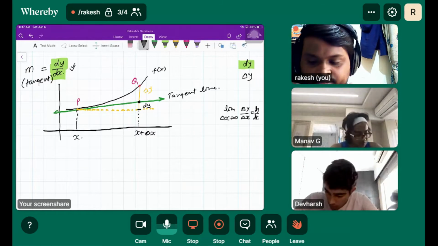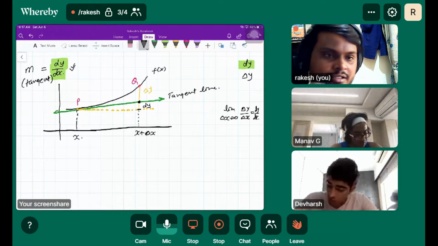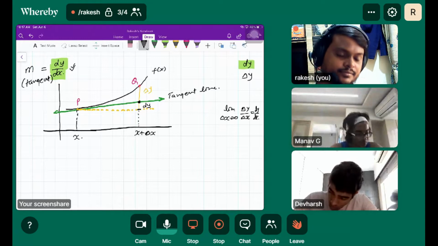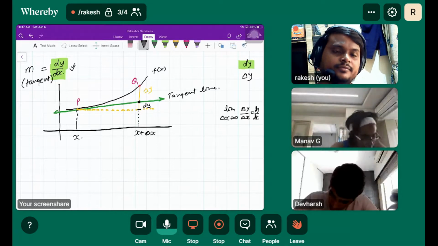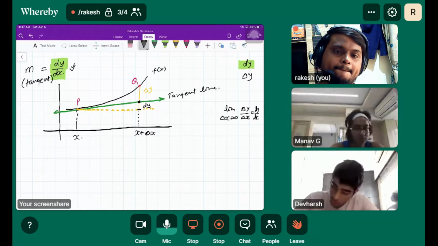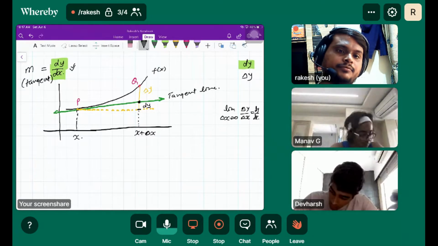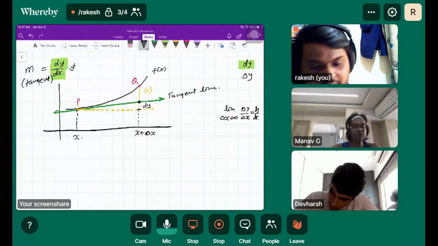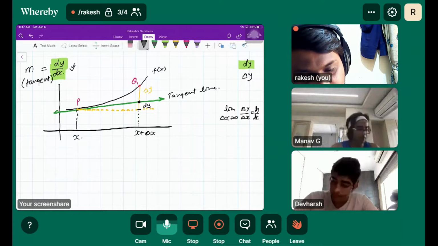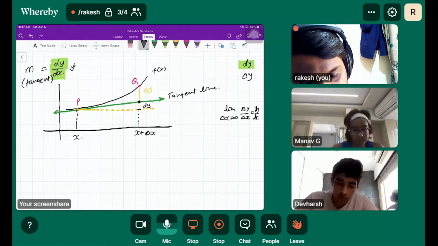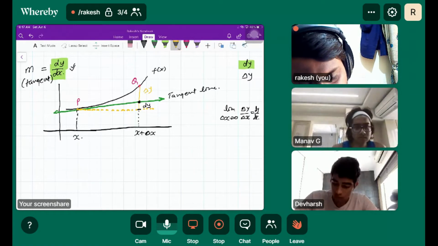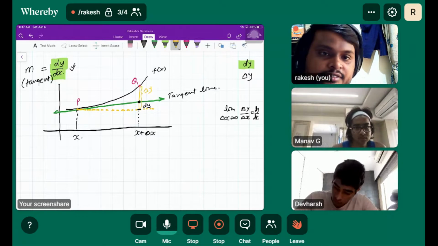First you draw that. Draw, then I'll tell. Be sure that I have marked delta y as this, the complete length. Otherwise I have written it differently.